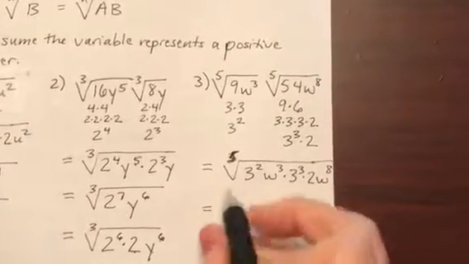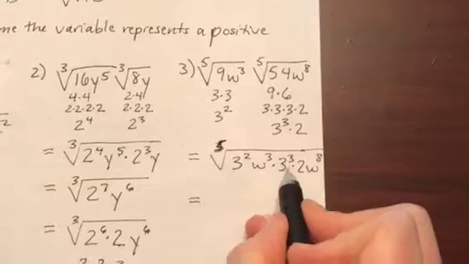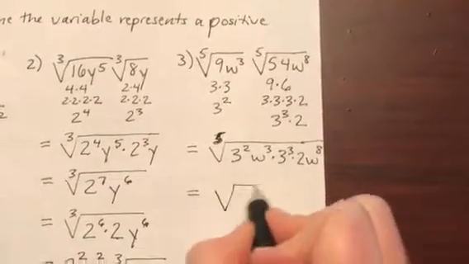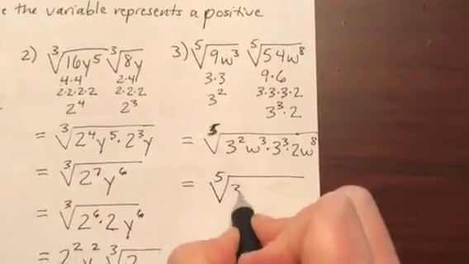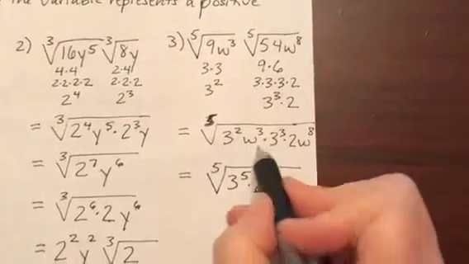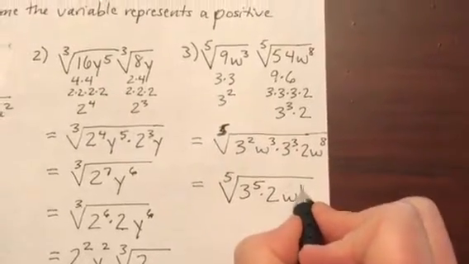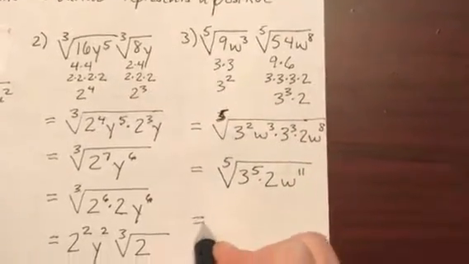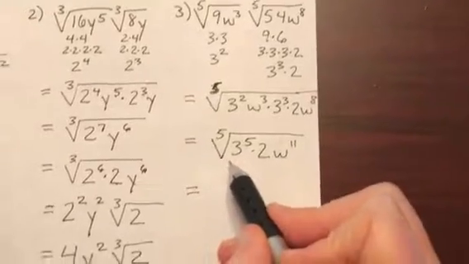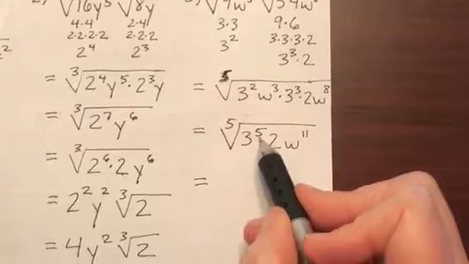All right, so let's combine all of our 3's together. 3 to the second and 3 to the third would make 3 to the fifth. And then we have a 2. And then w to the third times w to the eighth would make w to the 11th. Okay, so now, since we're taking the fifth root, we want exponents that 5 can divide into perfectly.